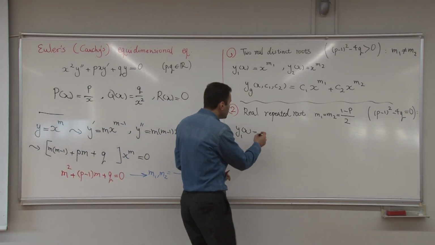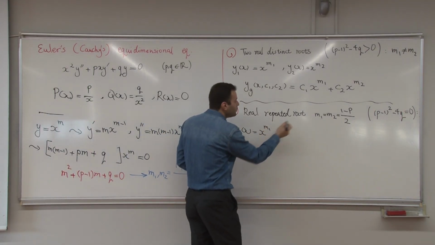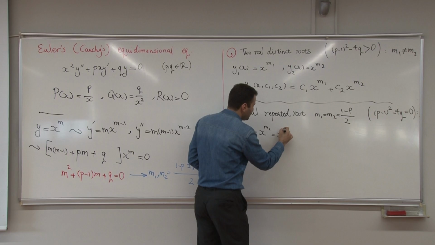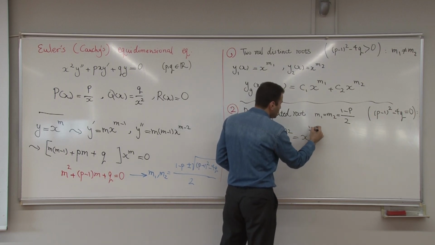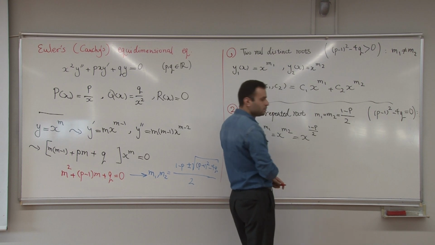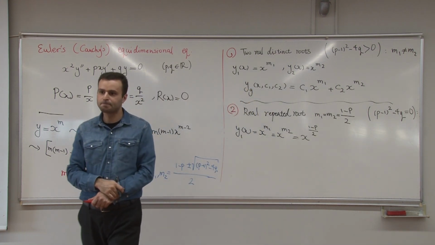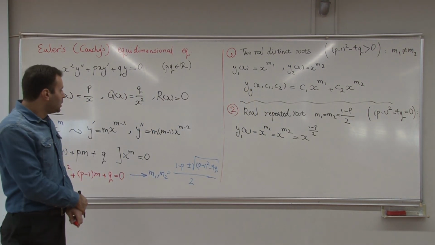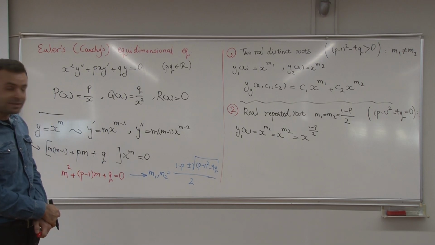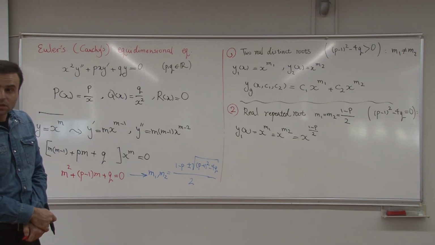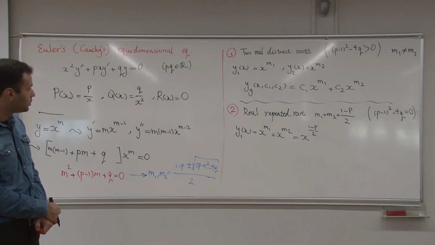y1 of x is x to the power of m1, which is x to the power of m2, which is x to the power of 1 minus b divided by 2. Okay? Should we simplify it by replacing the over 2 by a root?